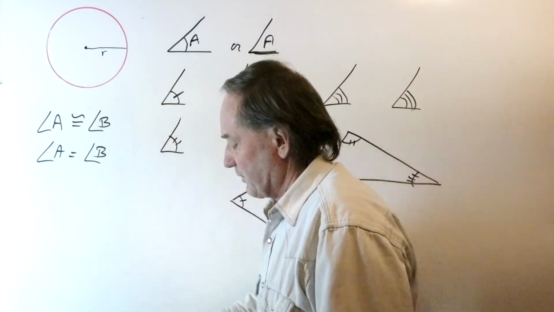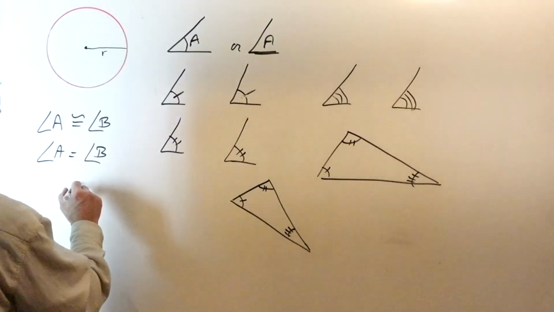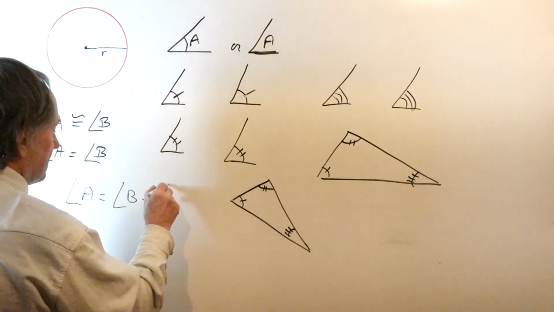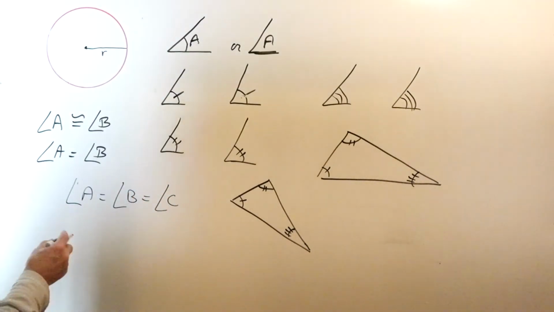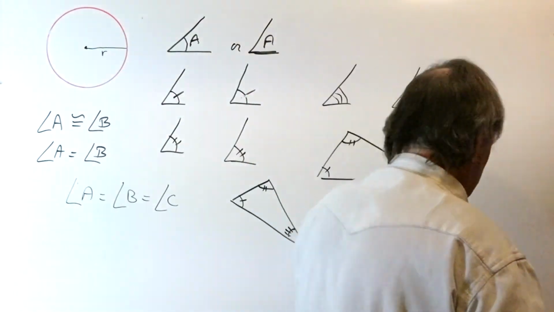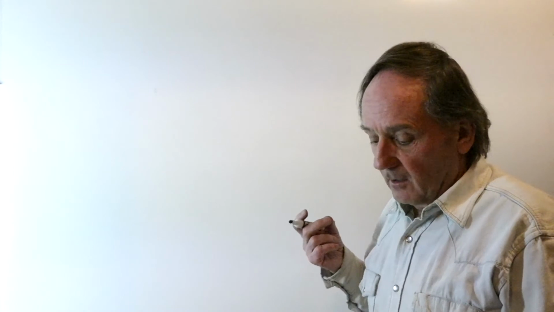So both of these ways are acceptable to express that. And if I want to say angle A is equal to angle B is equal to angle C, that tells me that all three angles have the same measure. That is, that they're congruent. Remember that angles that have the same measure are called congruent.